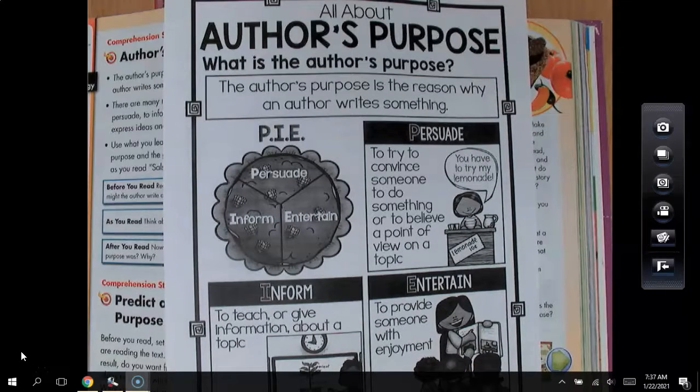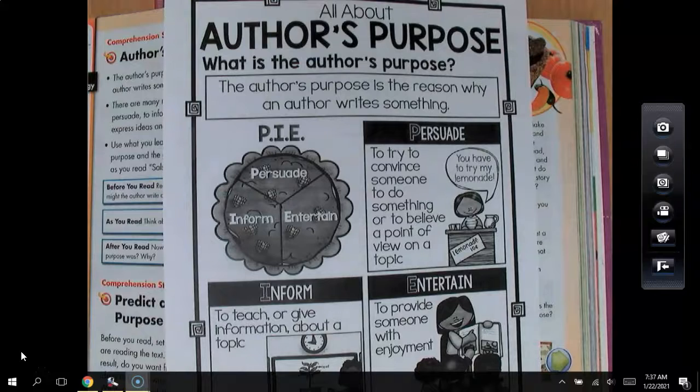Now, if I think about other places where I think of persuade, you might see persuade in cartoons. You might see persuade in newspapers. Where else might you see someone persuade you to buy something? If you said the TV, you're exactly right.